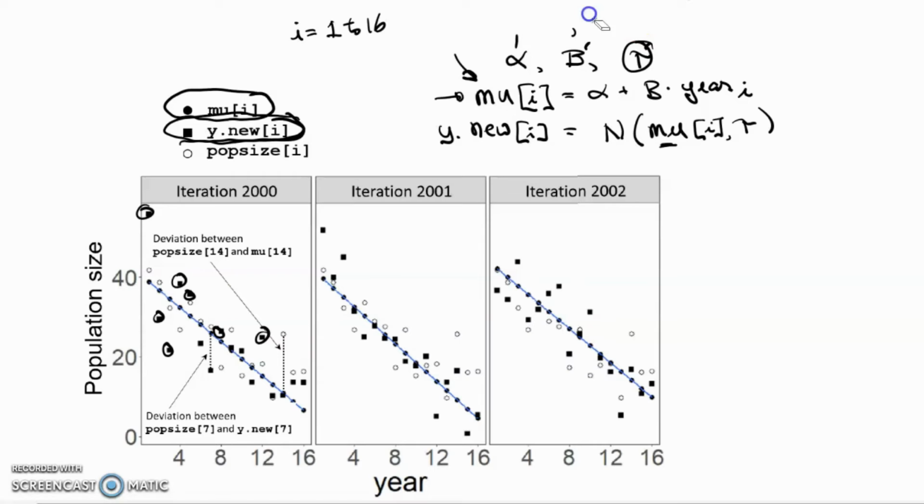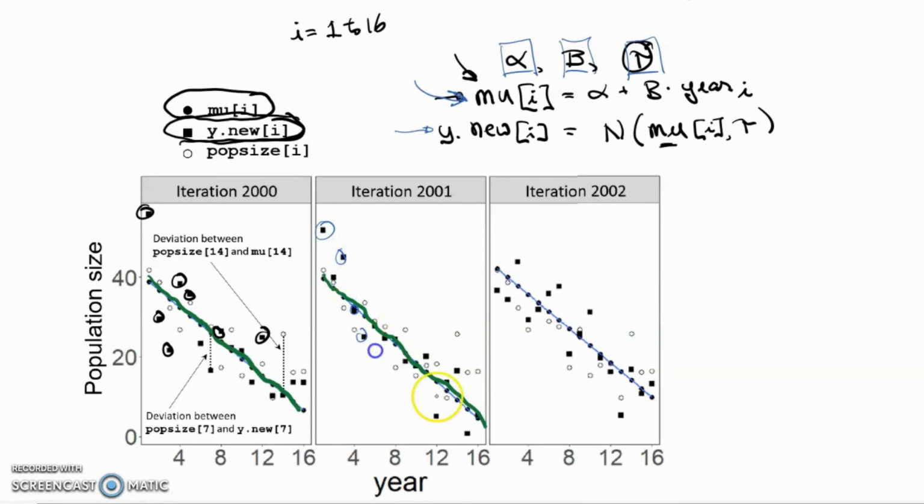So in the next iteration, we'll get a different value for alpha, a different value for beta, and a different value for tau. And we'll get a different series of values for mu i. So if you look at this line here, it's slightly different from this line here. And then we're also, as before, going to get a whole series of y new i's.